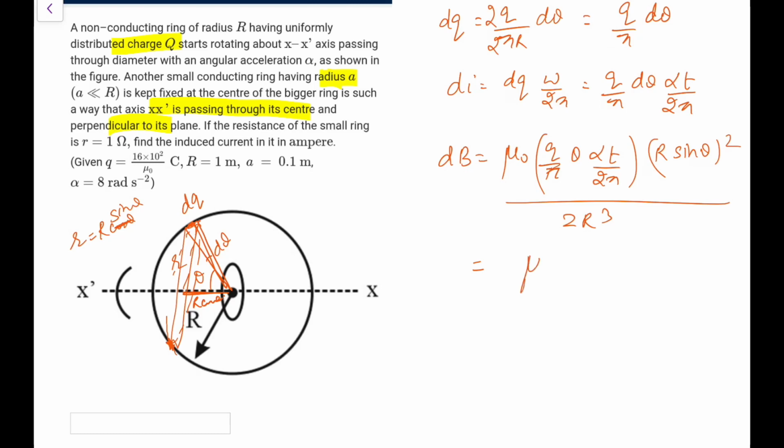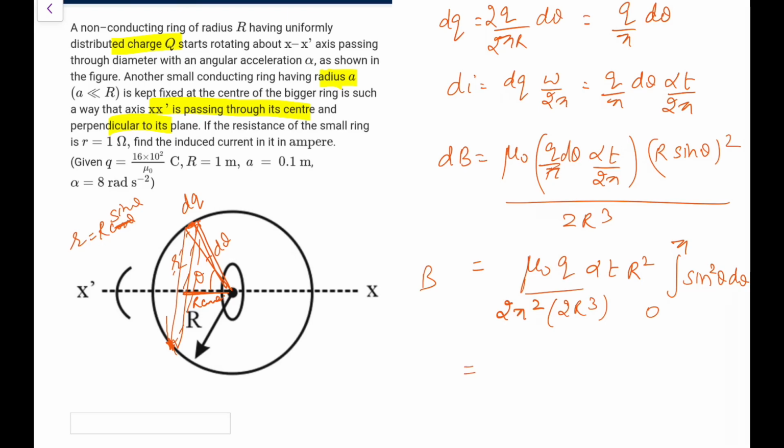So it is mu naught q d theta upon 2 pi square, times alpha t, times r square sin square theta, upon 2 r cube, and I will integrate for the complete field, where theta will vary from 0 to pi.